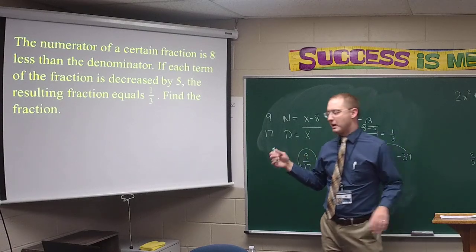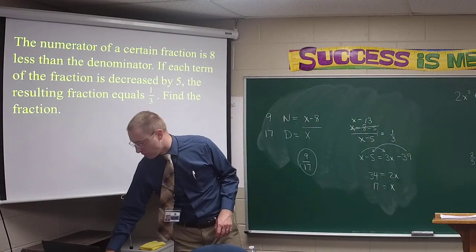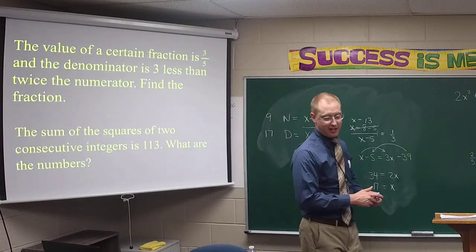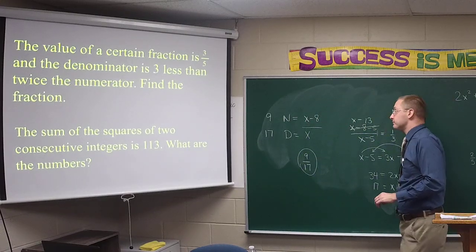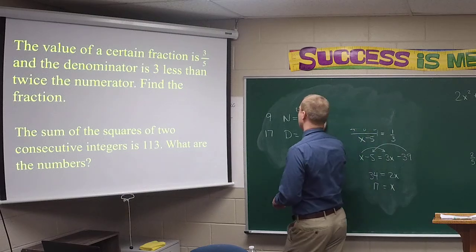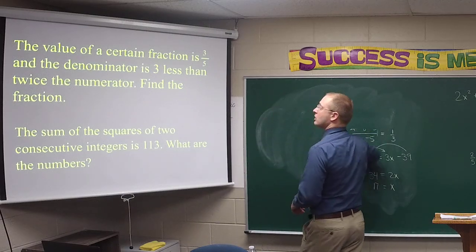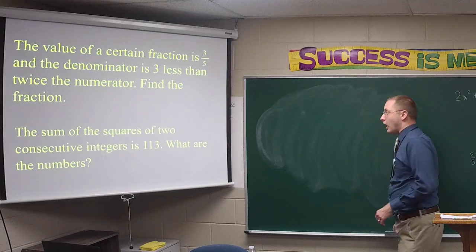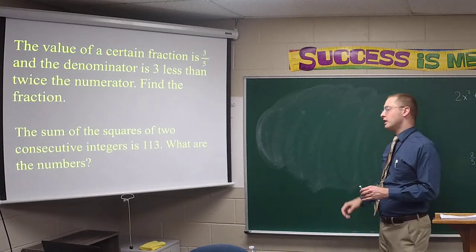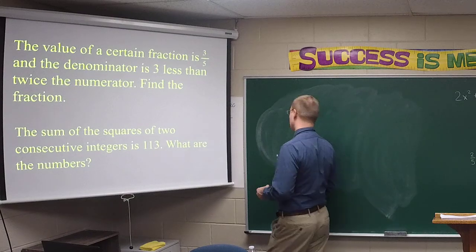Okay, so a little bit of a step up from what we've been doing. Let's take a look at one more, and then we'll be done with word problems, or two more, I guess. One slide, 2 problems. Read this next one for us, if you would, Kendall. The value of a certain fraction is 3/5, and the denominator is 3 less than twice the numerator. Find the fraction. All right, how many unknowns, Kendall? 2. And they are numerator and denominator.